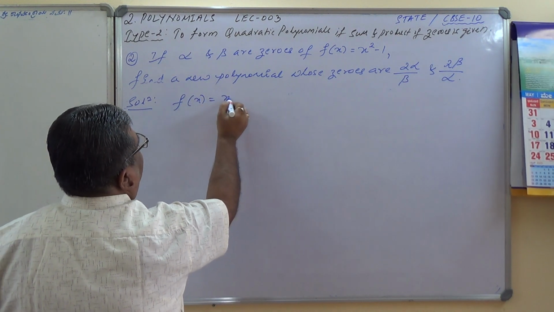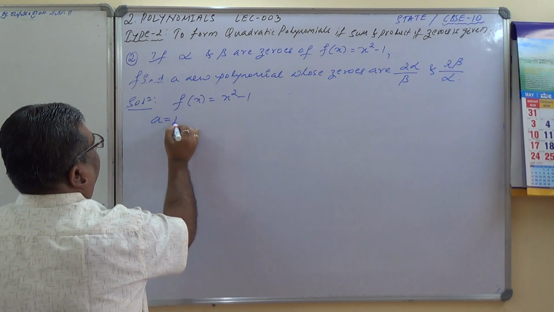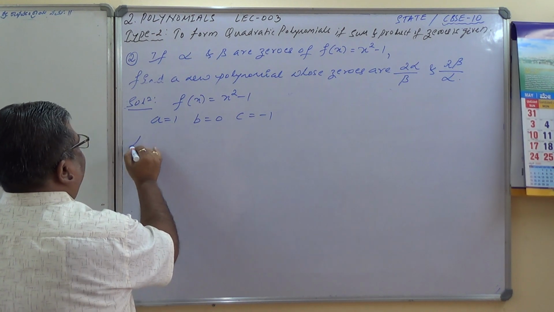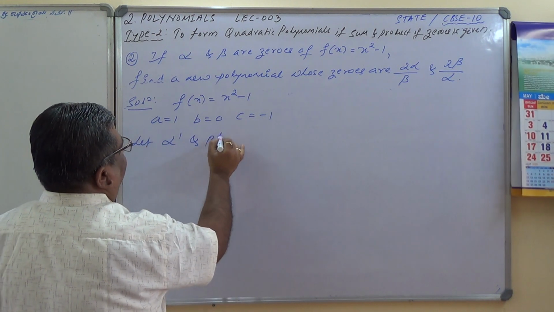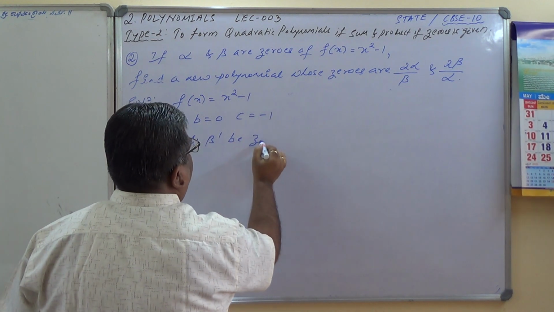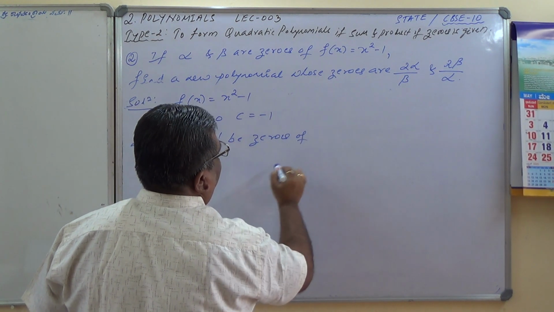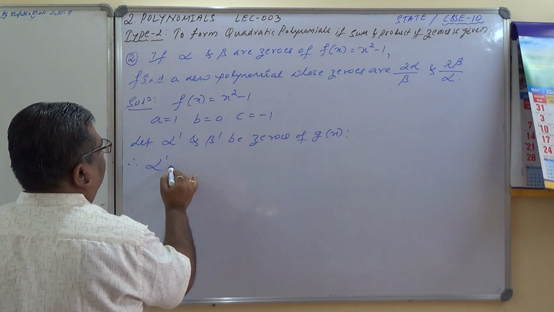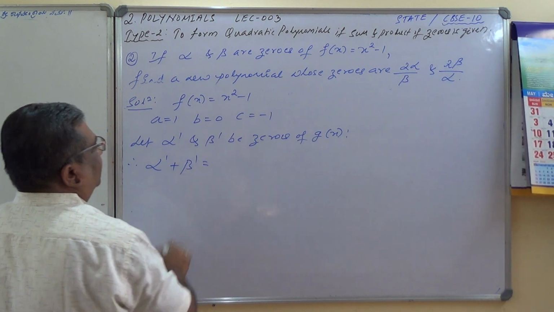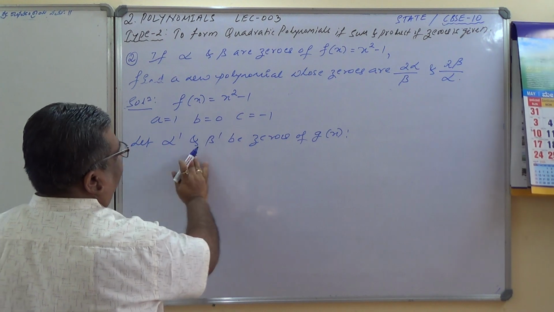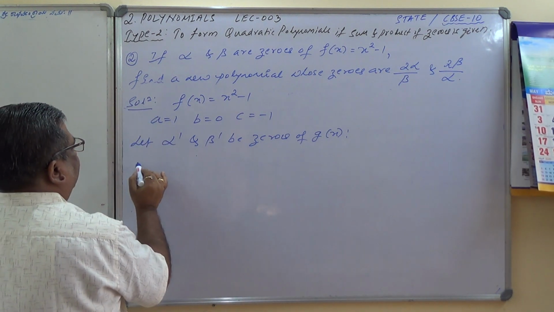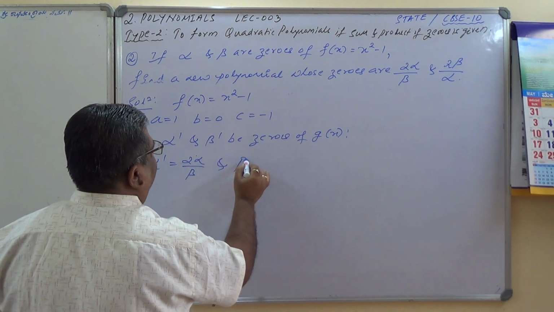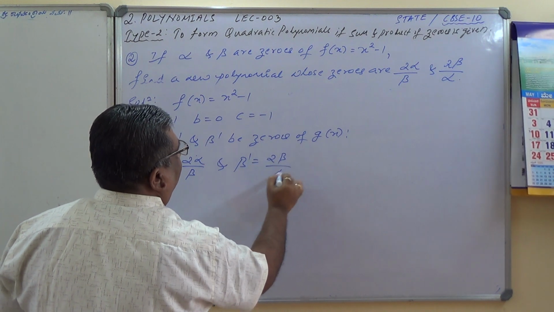F of x equals x square minus 1, a equals 1, b equals 0, c equals minus 1, and let alpha dash and beta dash be the zeros of g of x, which is a polynomial. Therefore alpha dash equals 2 alpha by beta and beta dash equals 2 beta by alpha.